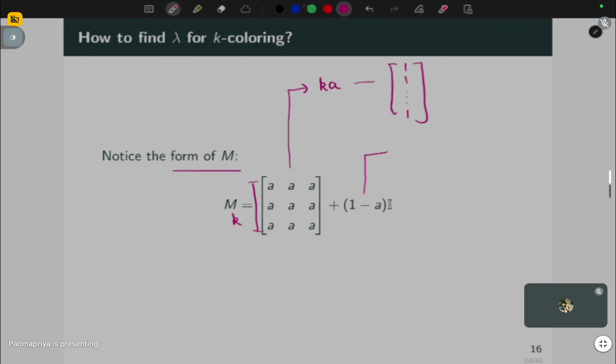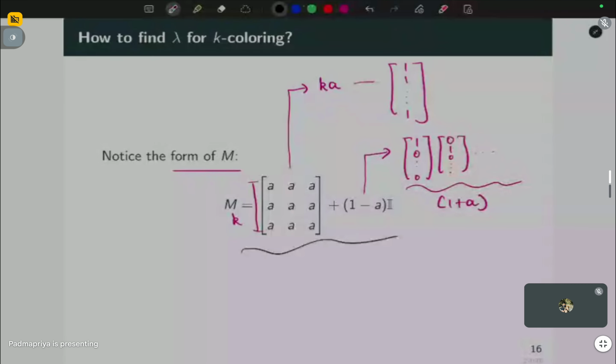And for this matrix over here, it's an identity matrix. So its eigenvectors are going to be all our bases, the standard basis of Rn, and all of this is going to have 1 minus A as its eigenvalue.